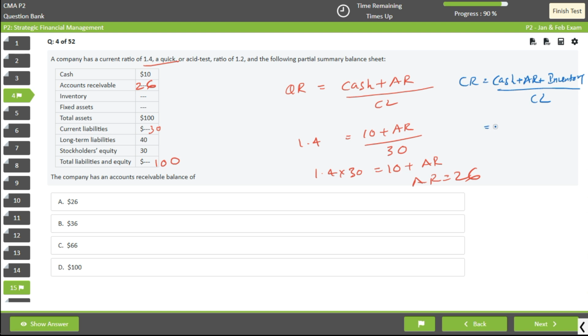So what is your cash? Your cash is 10, account receivable we have 26, and we don't have inventory. By current liabilities, which is 30, and your current ratio of 1.4.